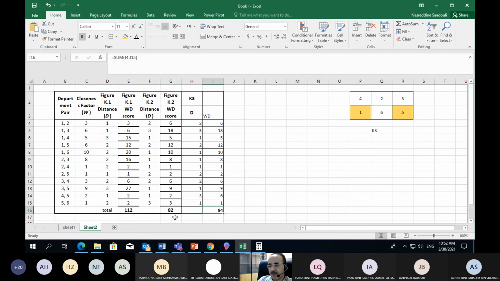You could have, for instance, individual choices of different departments and especially powerful individuals within the organization in selecting certain parts of the facility, maybe because of the view that they might have, maybe because of the accessibility to some amenities in the facility, like the canteen or whatever. So there are other factors. This could be just one important factor that is used in the overall decision to make.